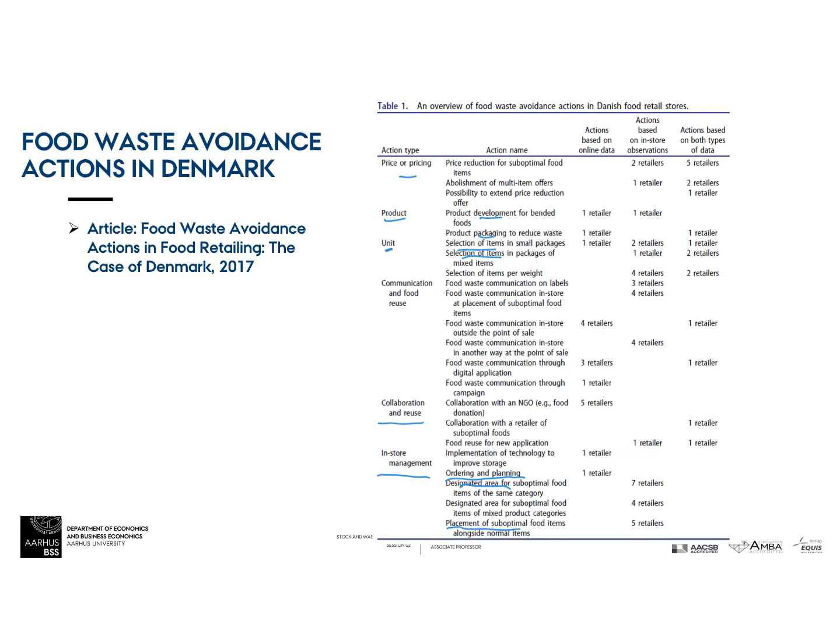Now you can see these different actions have been applied by different retailers. Food waste communication in store outside of point of sales is used by 4 retailers, and selection of items per weight by 4 retailers. 7 retailers adopt the designated area for suboptimal food items of the same category.